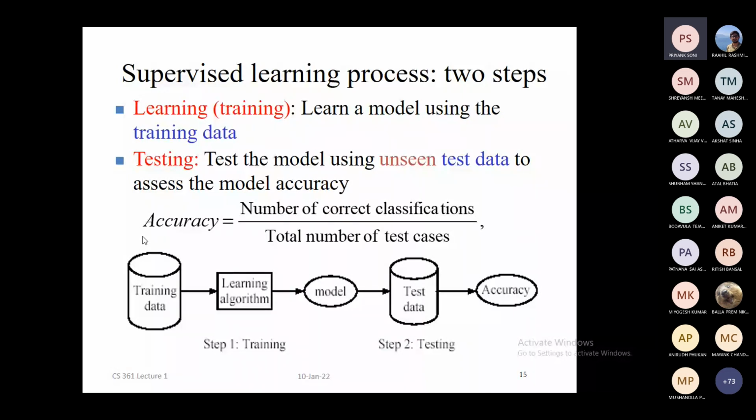Right? So if we draw a block diagram, there is training data. One thing is very important: since it is a supervised setting, we are repeating that this training data is labeled, a set of features or instances of a particular class.